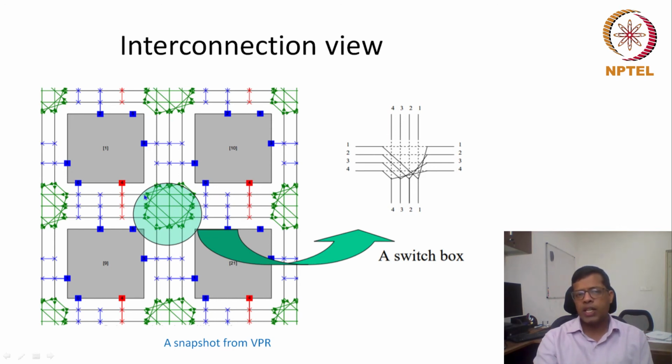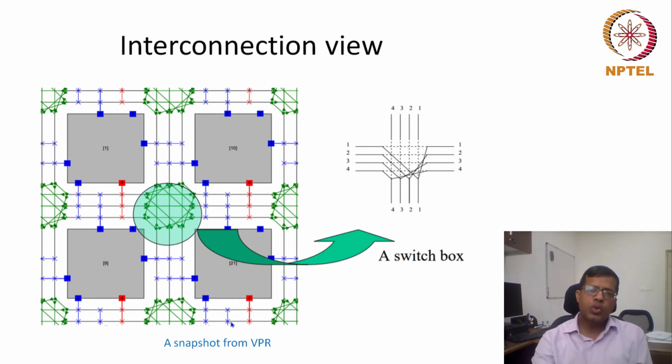The idea here is that this input should be able to connect to any of the 9 inputs. Similarly, all the inputs are able to connect to all other 9 inputs.